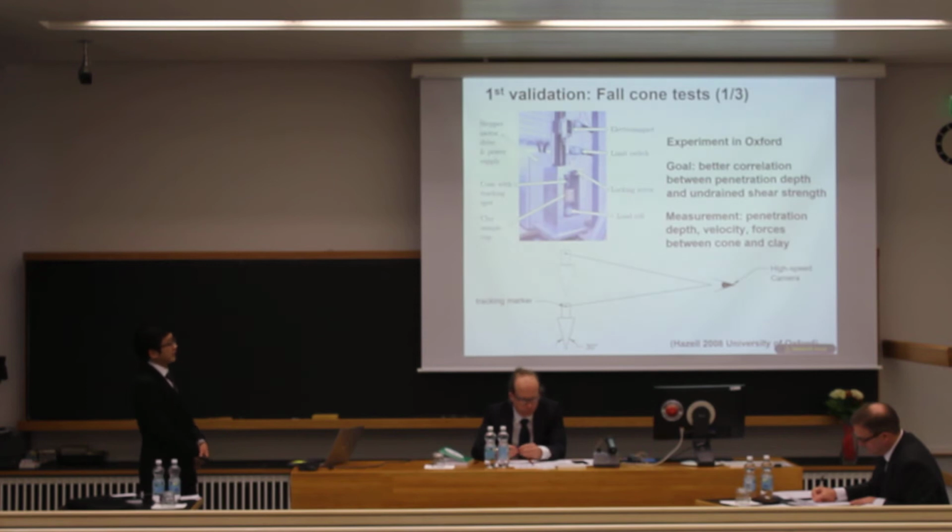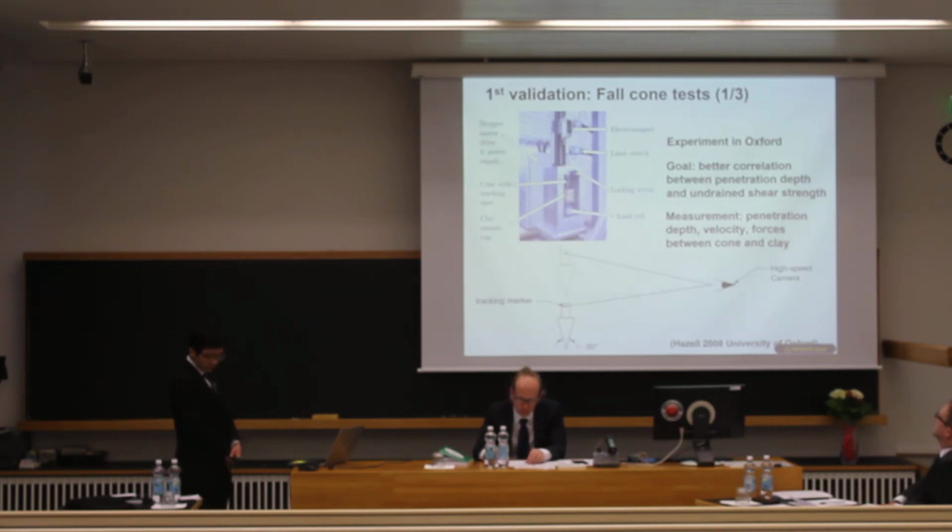And at the University of Oxford, they have built a system in order to have a better correlation between the penetration depth and the undrained shear strength by measuring the forces between the cone and the clay. They're also using a high-speed camera to track the movement of the cone in order to quantify the penetration depth and the velocity. And I think this is a very typical penetration problem in geotechnical engineering.